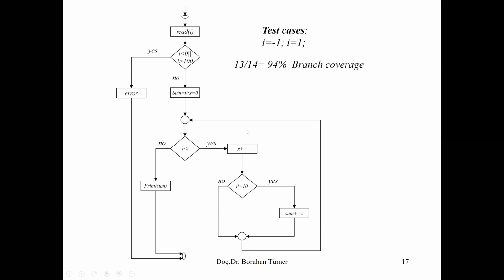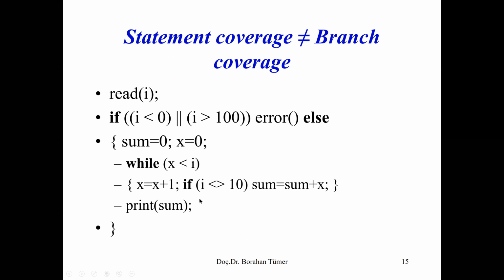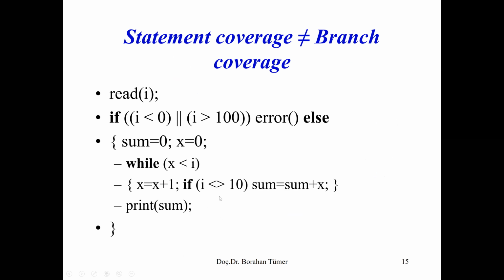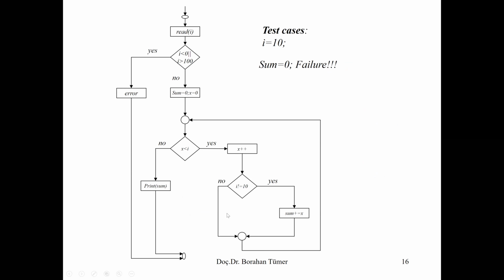Okay, with this one here, if I is not equal to 10, if this is true, then we go through this way. If I is equal to 10, if this is not true, then we go through this way. Now we correct our error and we get rid of this statement here. All right, we correct our error.